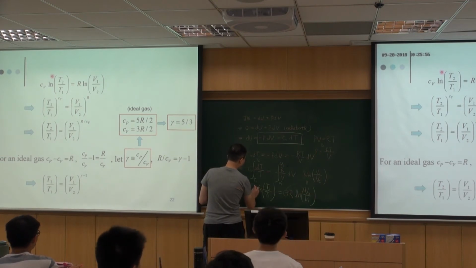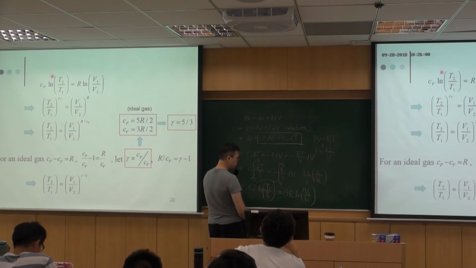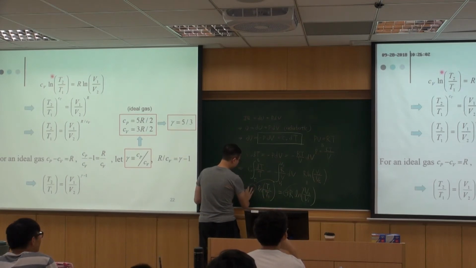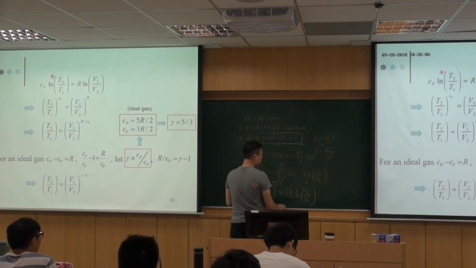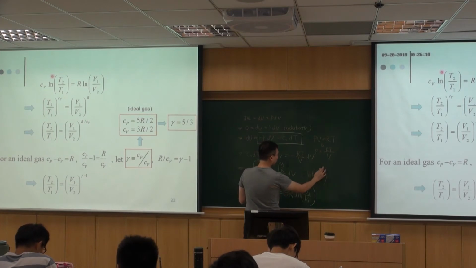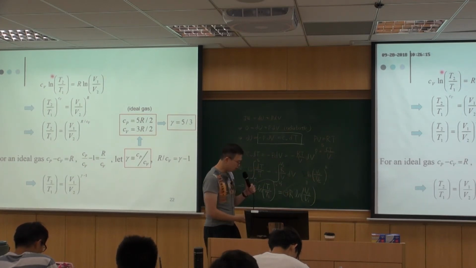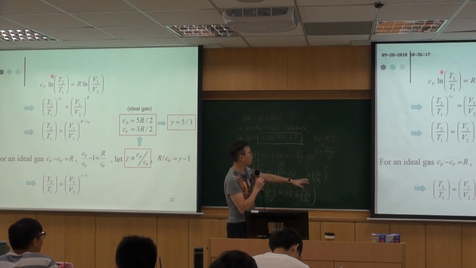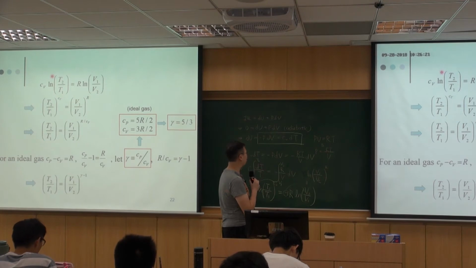Here, we can put CV on top of this ratio. So move this here. And we can also move our R to the exponent part. So now we have something like this, which is the same as what we have over there.